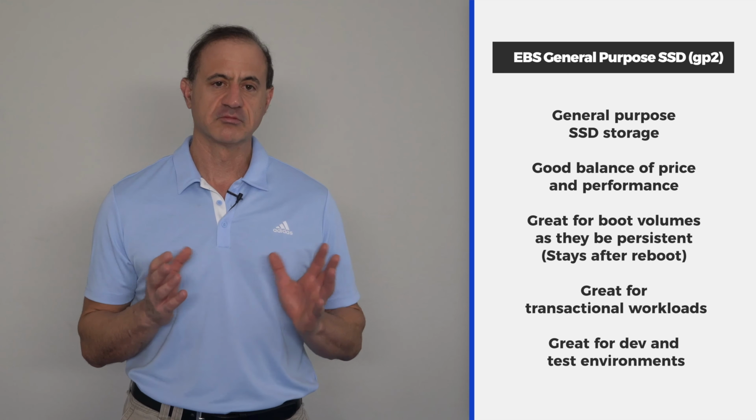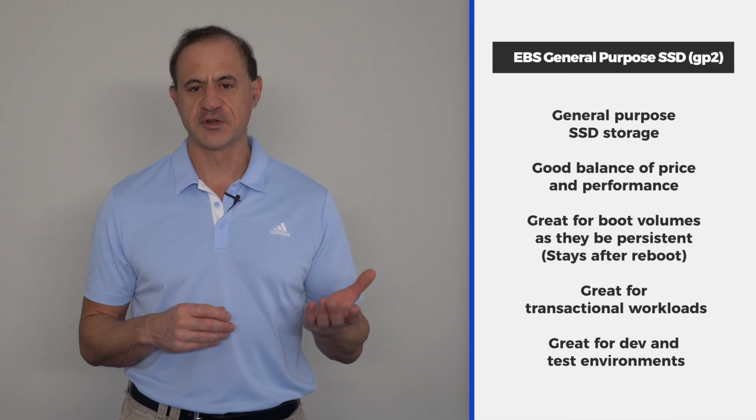So now you know about provisioned IOPS and general purpose SSD. Now let's talk about magnetic storage options. So EBS throughput optimized hard drive, which Amazon calls ST1, this is some high throughput magnetic storage. And it's great for frequently accessed workloads that are not latency sensitive.